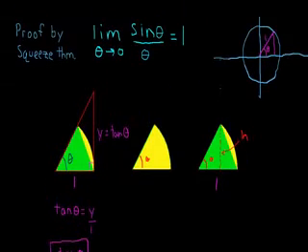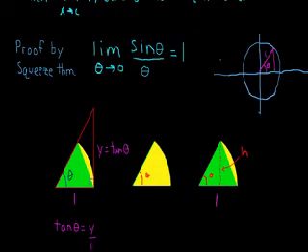Let's go up to this picture. If you think back to your trig class, this side right here we'll call y. Since this is a unit circle, the hypotenuse of this triangle is 1. I have 1, theta, and y. What relates all three of those? Sine does. The sine of theta equals opposite over hypotenuse.